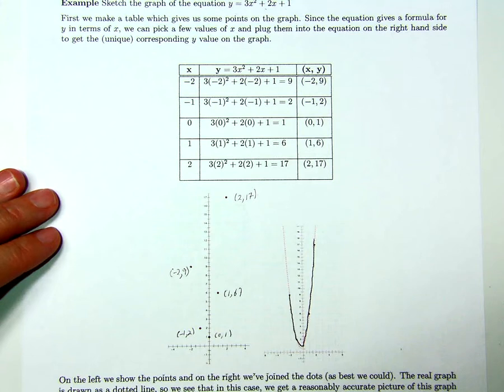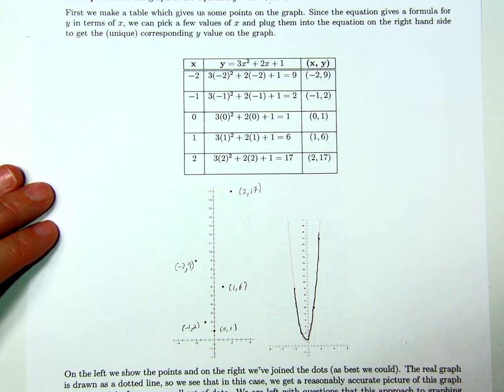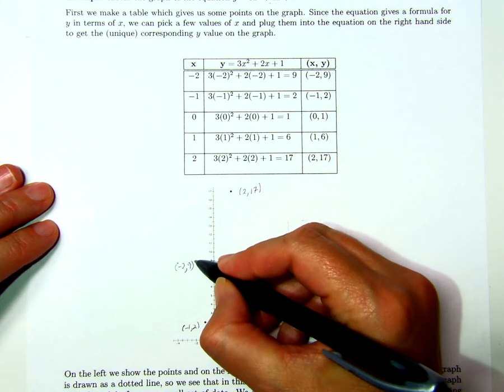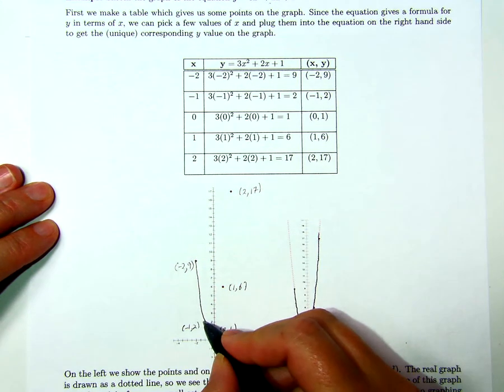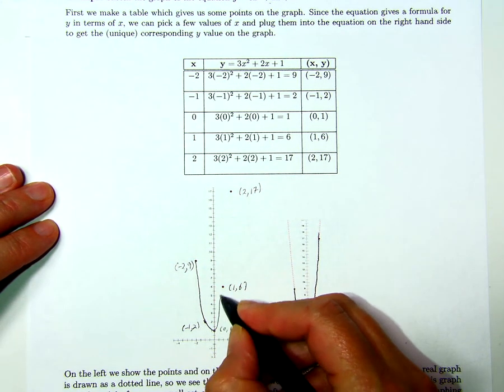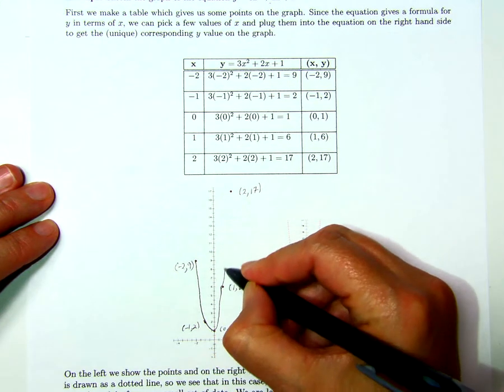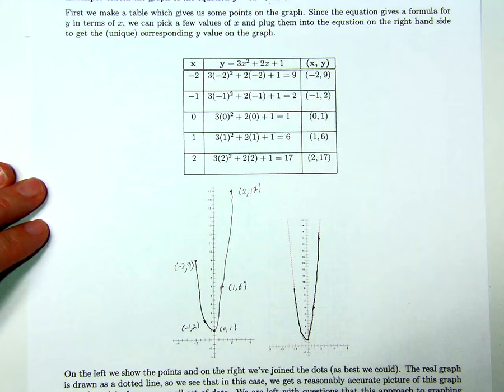Now this gives me a discrete set of points, but I can see general trends if I assume that this graph follows a trend. I join these dots, and it gives me some idea of how the graph is behaving around 0.